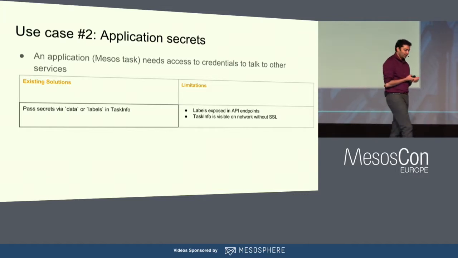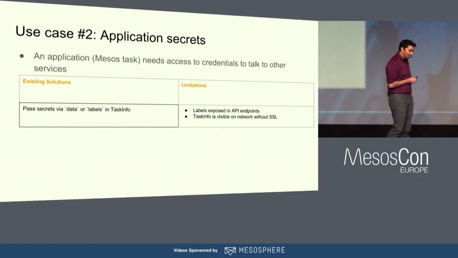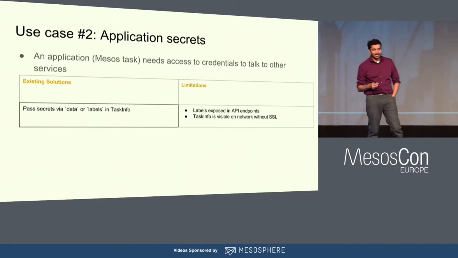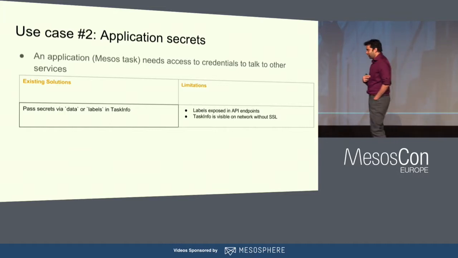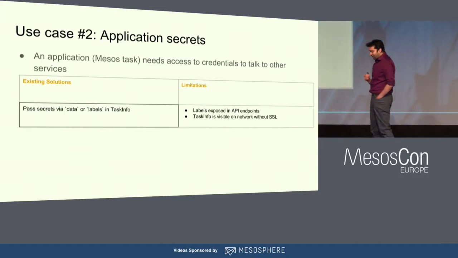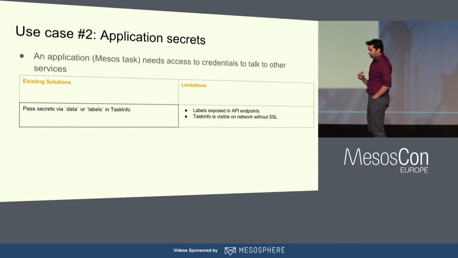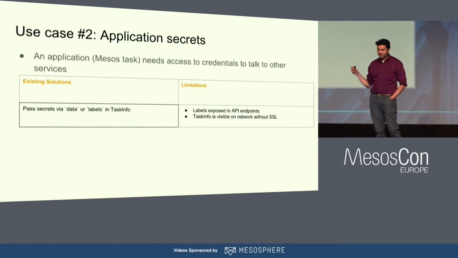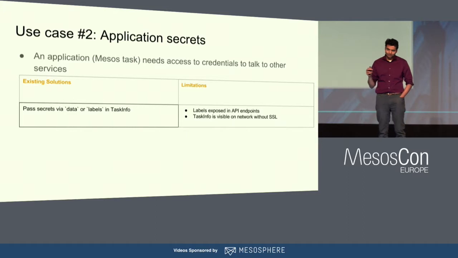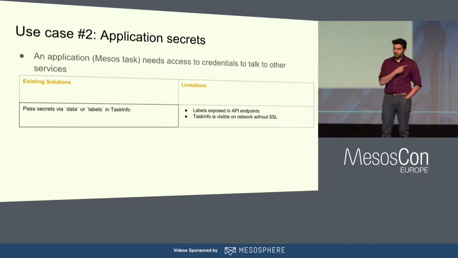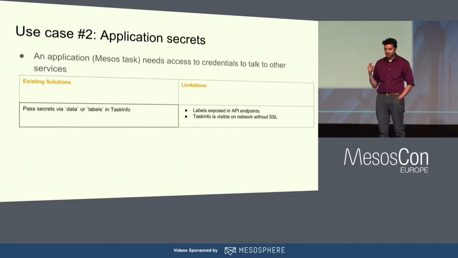What people typically end up doing is they pass the credential information inside the task info labels or data, which is not really secure, especially if you're not using SSL. If you haven't configured your Mesos cluster with SSL, the network traffic is all open to snooping, which means anyone can snoop on the network and get your task info and look at the data or labels.